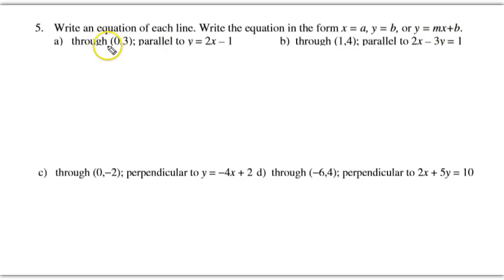So they want you to write an equation in letter A here that goes through this point, which happens to be the y-intercept, because that's 0, b, and is parallel to this line, so it has the same slope. So this one, you didn't have to use formula 4. It's just going to be y equals the same slope and then the y-intercept.